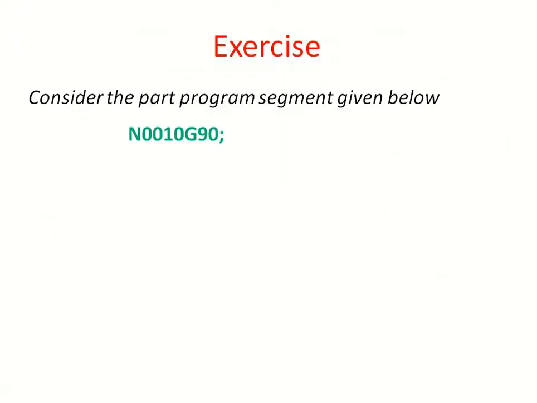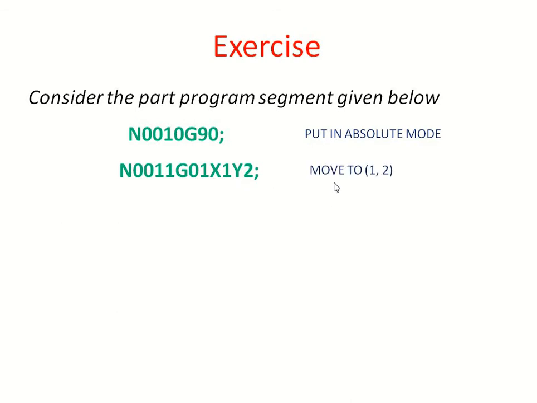We can take one exercise: consider the part program segment given below. N0010 G90 means put in absolute mode. Then N0011 G01 X1 Y2 represents the movement of the tool to the coordinate 1 and 2.